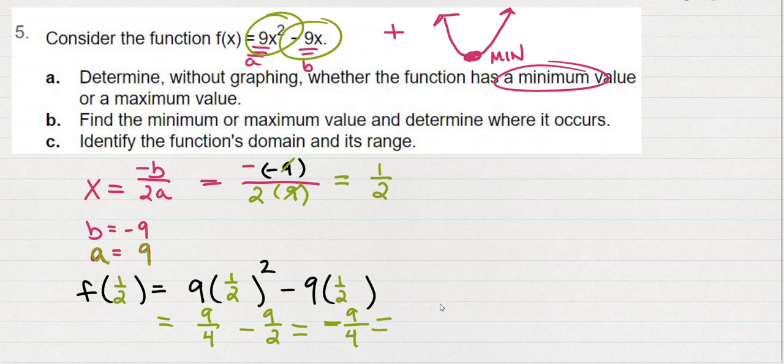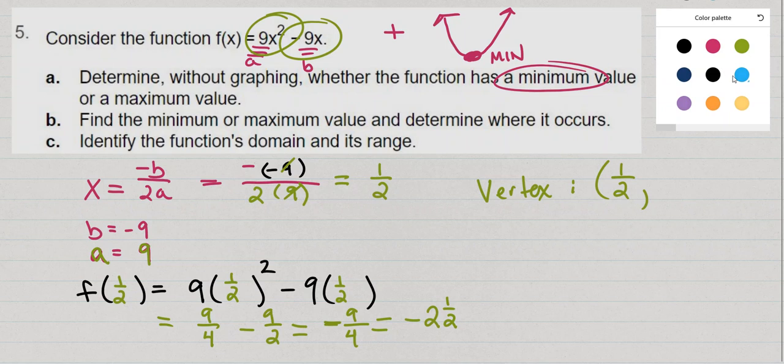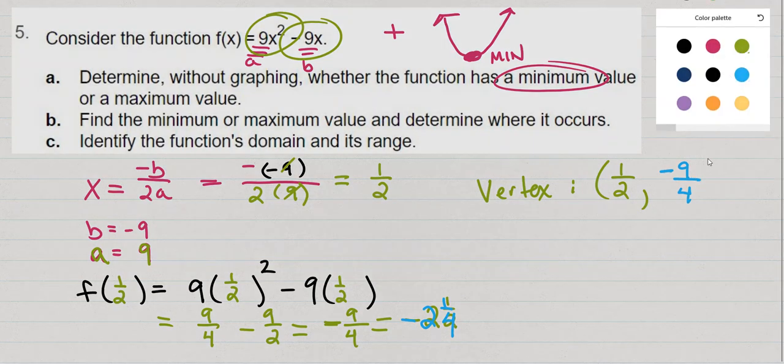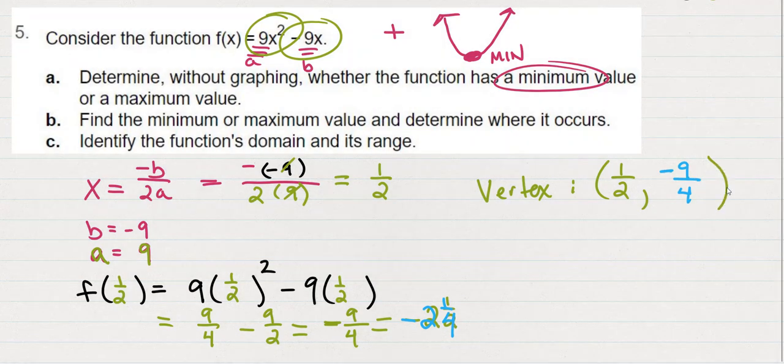Or you might think of it as negative 2 1/4. So our vertex is when x is 1/2, y is negative 2 1/4. I'm going to write it negative 9/4. It's usually better to just leave our fractions improper.